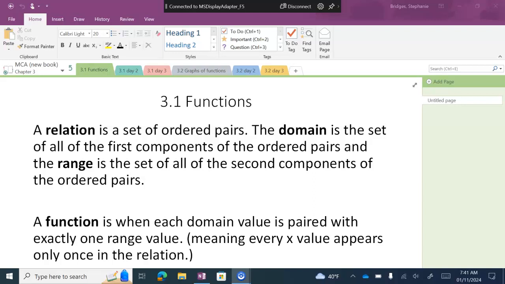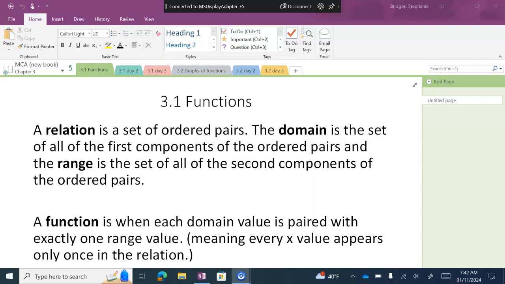Then in that relation, we have the domain and the range. The domain is the first components or the x values in that relation. So all of your first listed numbers in each ordered pair.